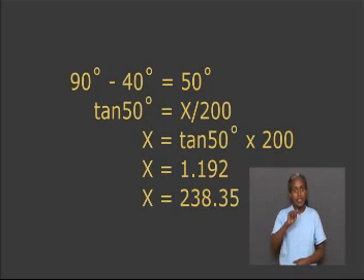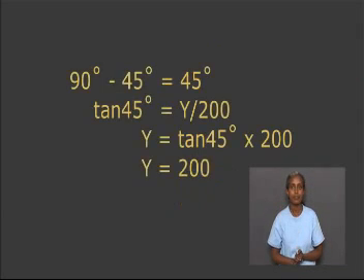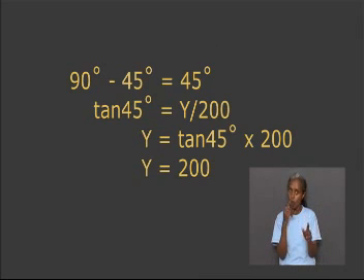A tangent of 50 degrees times 200 is 238.35. A tangent of 45 degrees times 200 is, of course, 200.